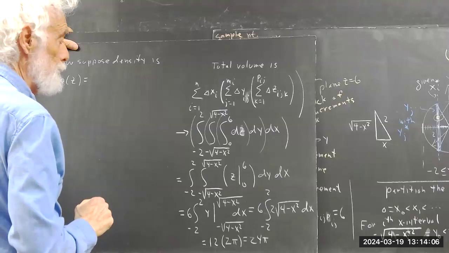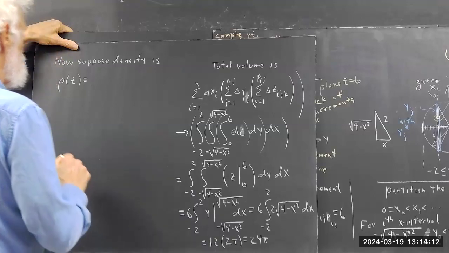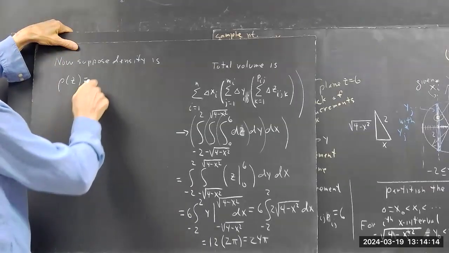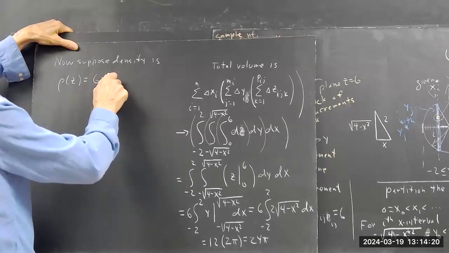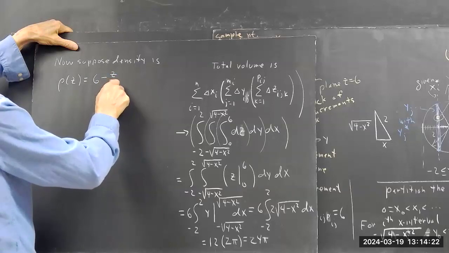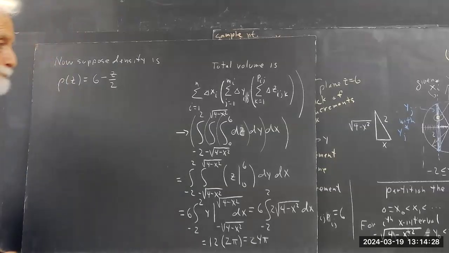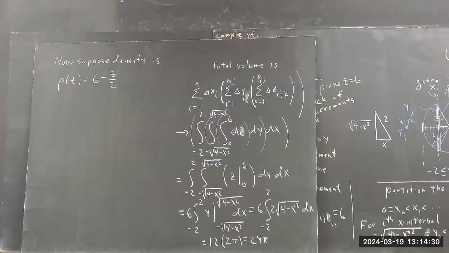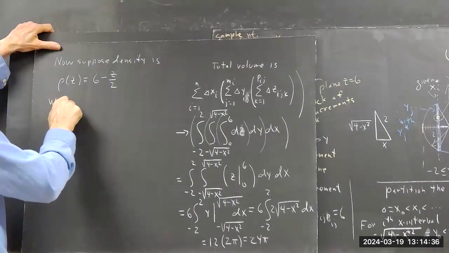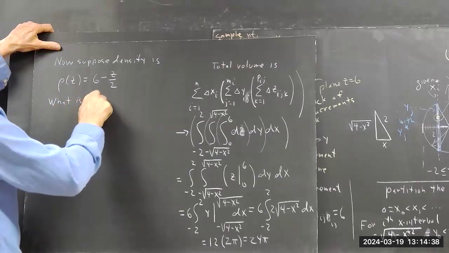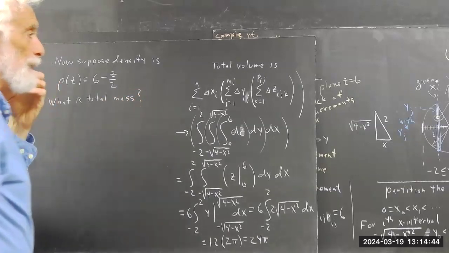And let's just say the density is six minus z over 2. What's its total mass?